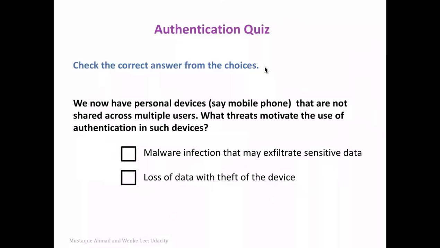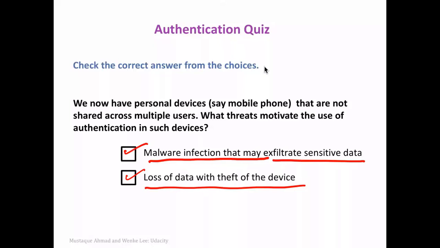Which of the two is true? Malware infection, or, both. I guess the latter one is more appropriate, but this is also true. See, if you don't have access control, then why would malware not get into it?